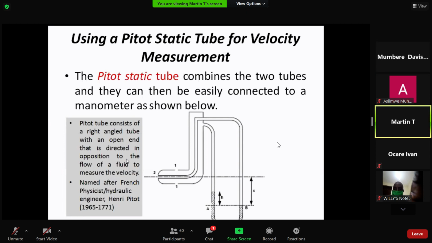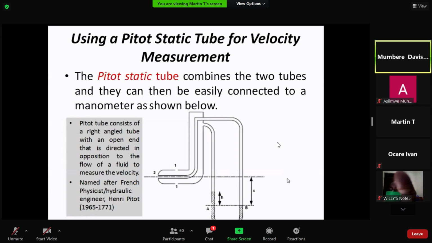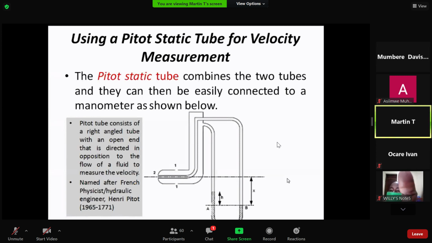Why? Why will it rise at A? But will be pushed down and force them up at tube B. I'm not hearing. Sorry? One at a time?